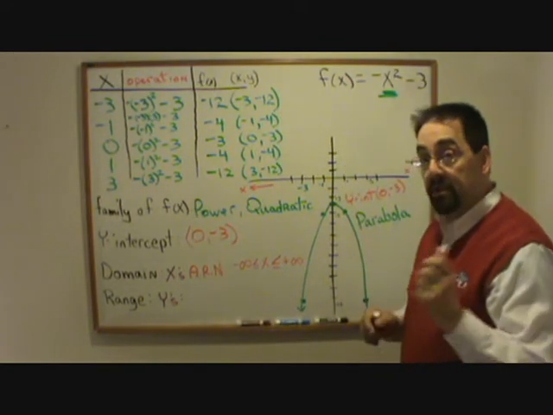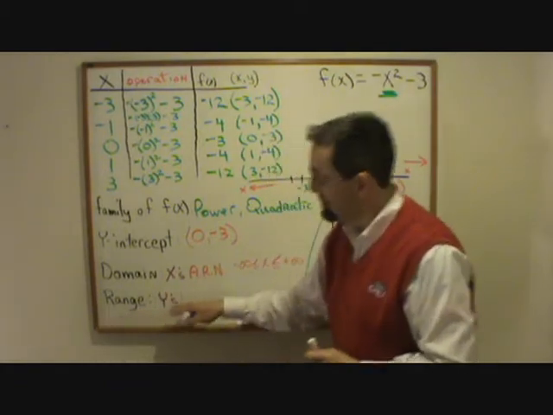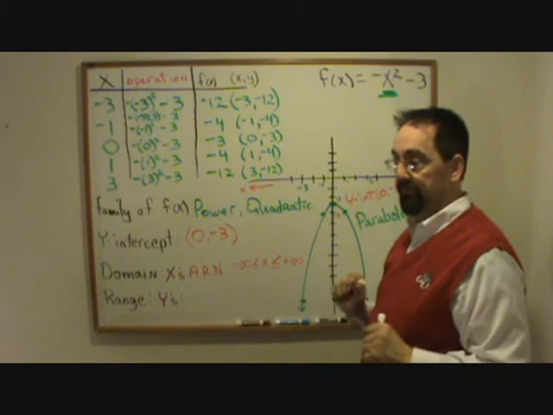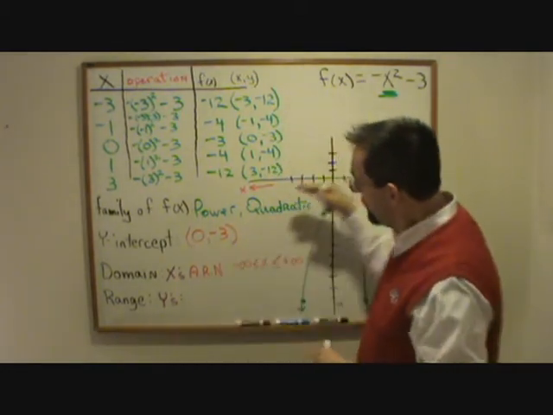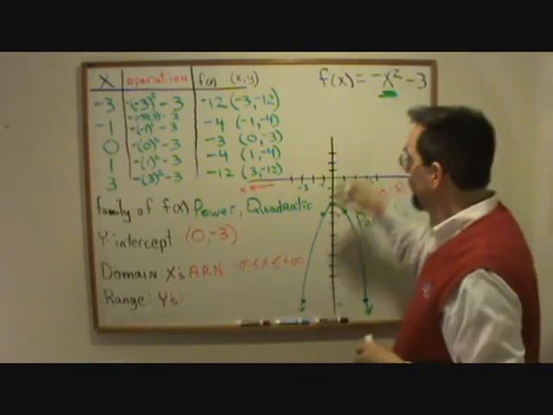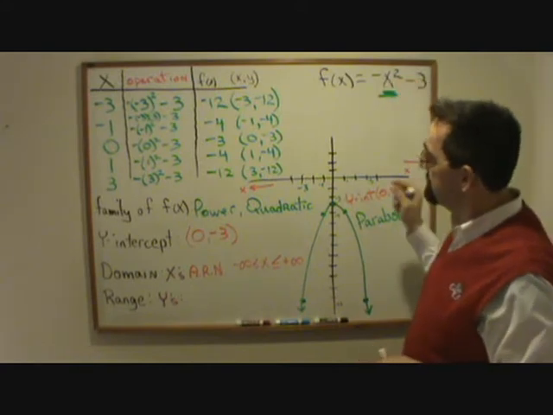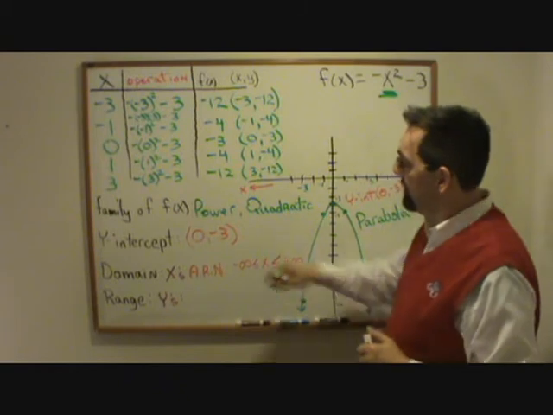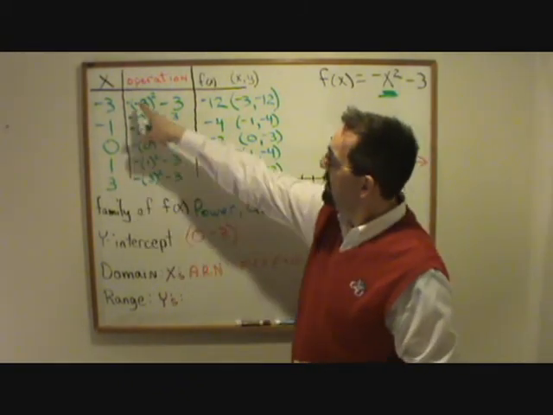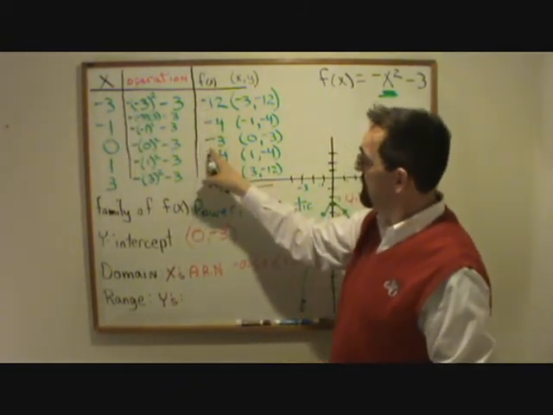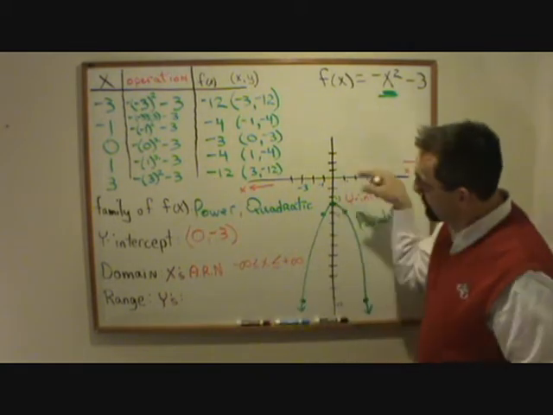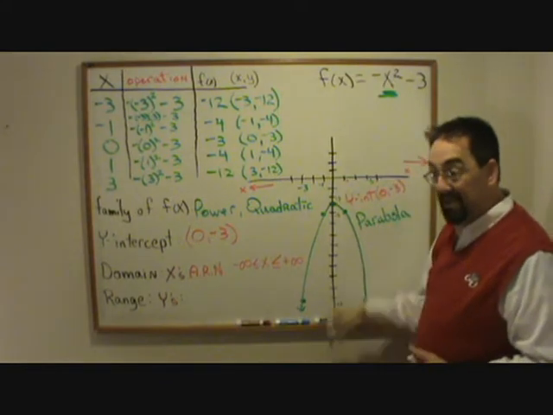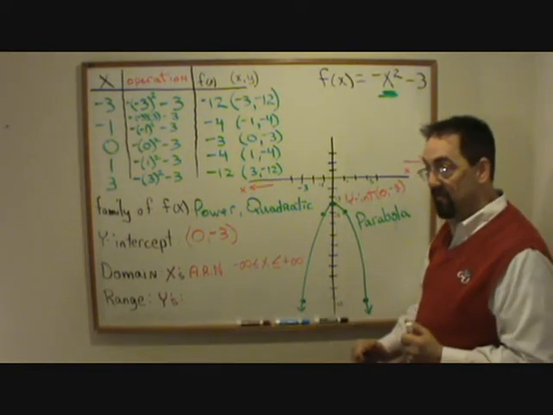Now the range, a little bit more difficult. What are the y values that we get out of this function? It can be a little bit trickier, but let's look at the really small x's first. If I put a really small one, minus infinity, we see that this minus always kept it minus. So when I come way out to the minus x, I get a really big minus y value.